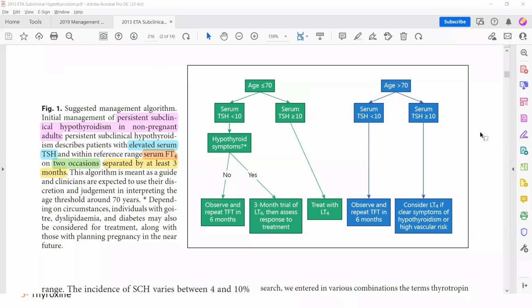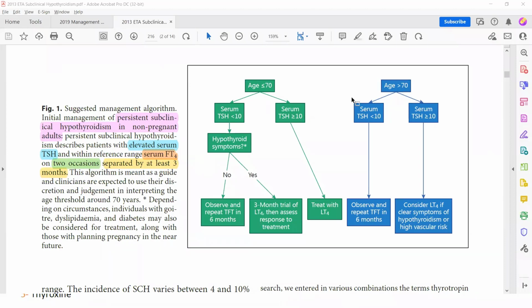So this is a recommendation by the ETA guidelines published in 2013: how to manage a patient with persistent subclinical hypothyroidism in non-pregnant adults. If the age is more than 70, in the previous recommendation 65, so it is recommended to write 65 to 70 age.